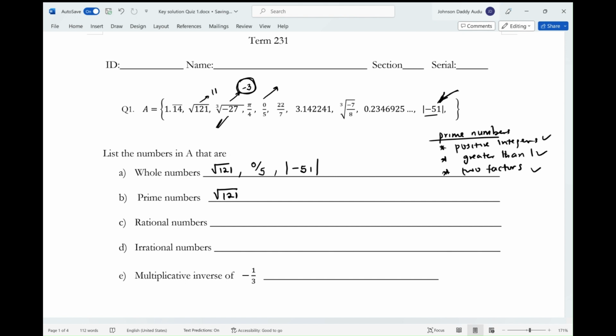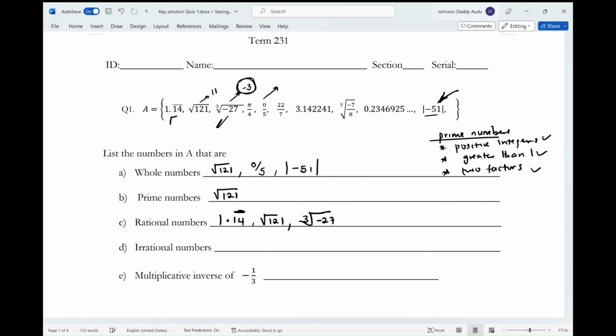Then for rational numbers, there are so many. This is a rational number. This is rational. So 1.14 bar, because of the repetition, right? Then every integer is a rational number. So this is also a rational number. The cube root of minus 27 is also a rational number.